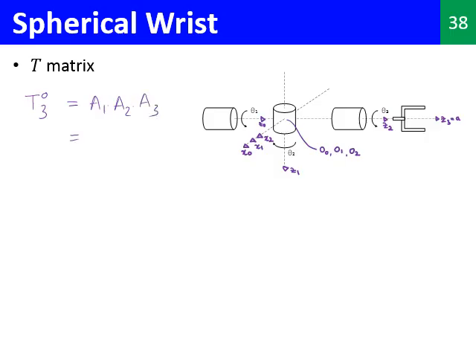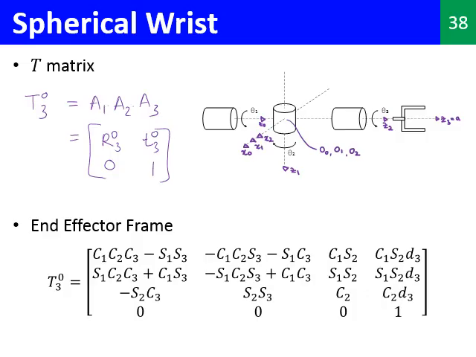So this would give us a rotation matrix R03 and a translation, T03 and 1. Okay, if you work that out, you would get the following homogeneous transformation matrix.